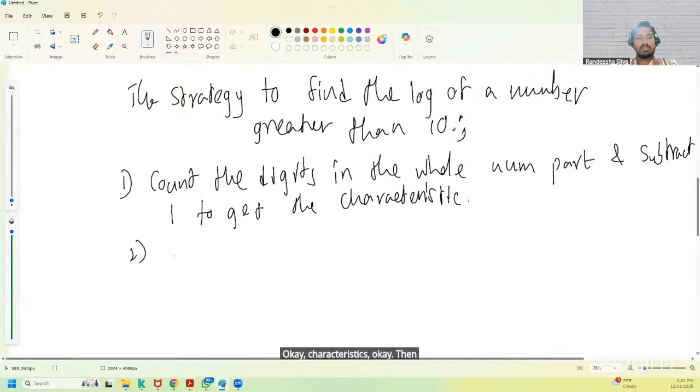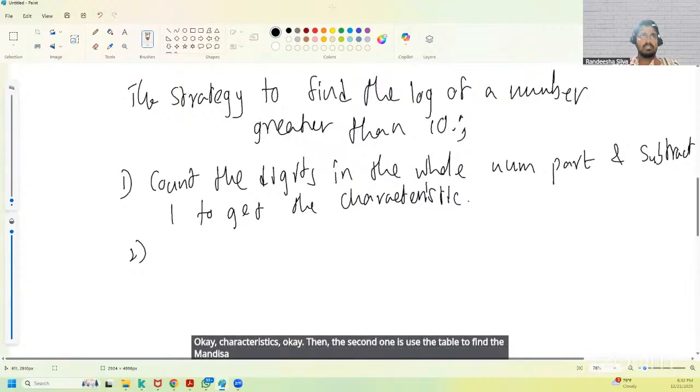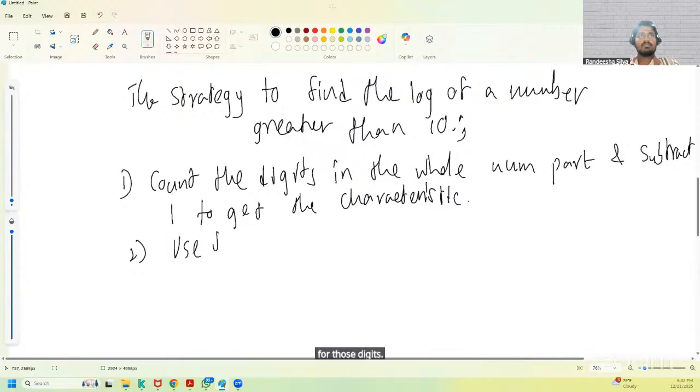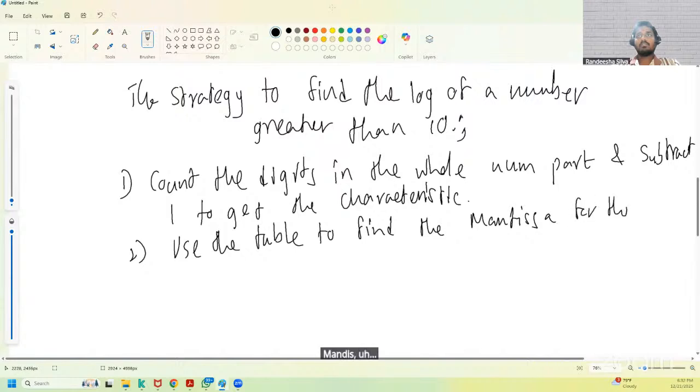Then the second one is to use the table to find the mantissa for those digits. I'm giving you these steps for your understanding.